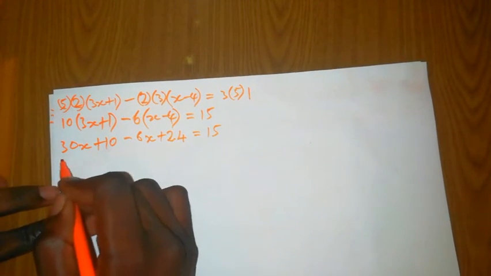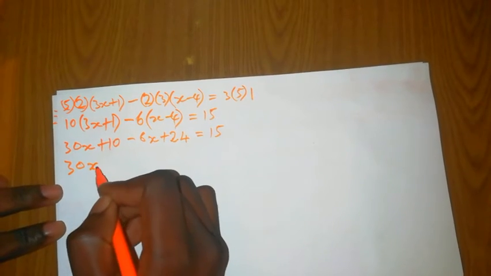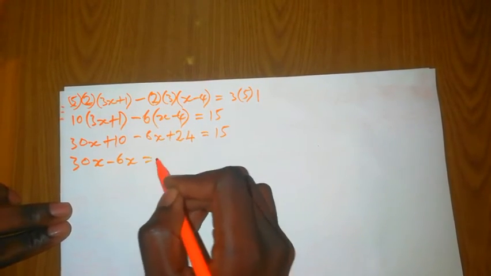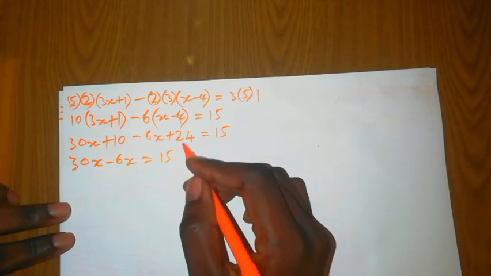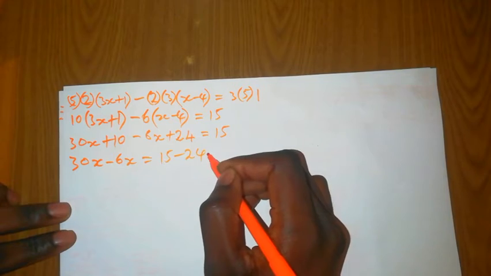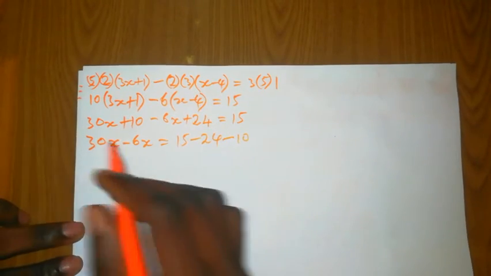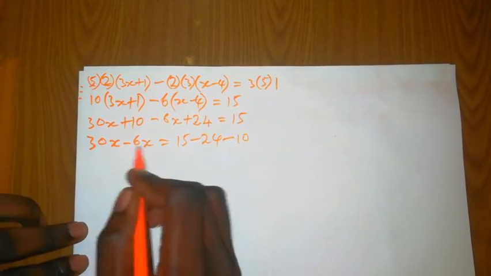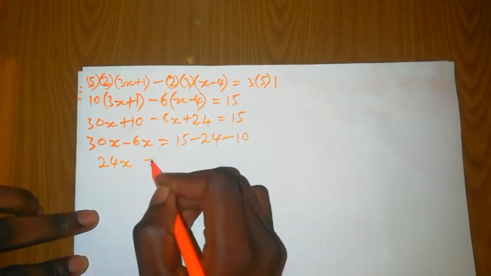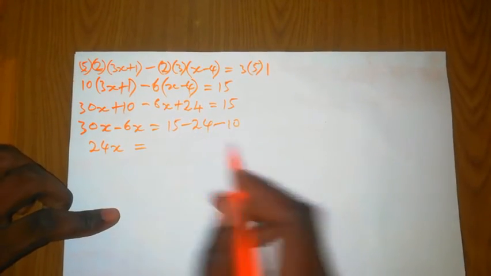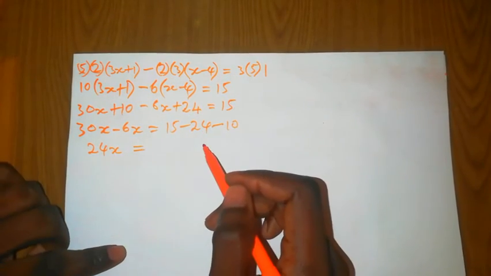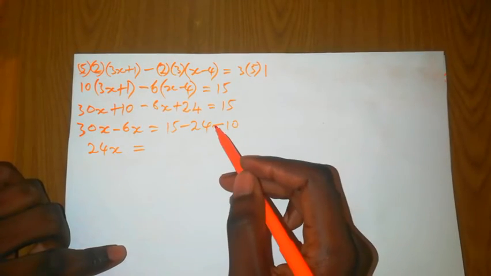I now collect my like terms. 30x minus 6x is equal to 15 minus 24 minus 10. Now 30x minus 6x, that's 24x is equal to, now I've got 15 minus my 24, then minus 10.